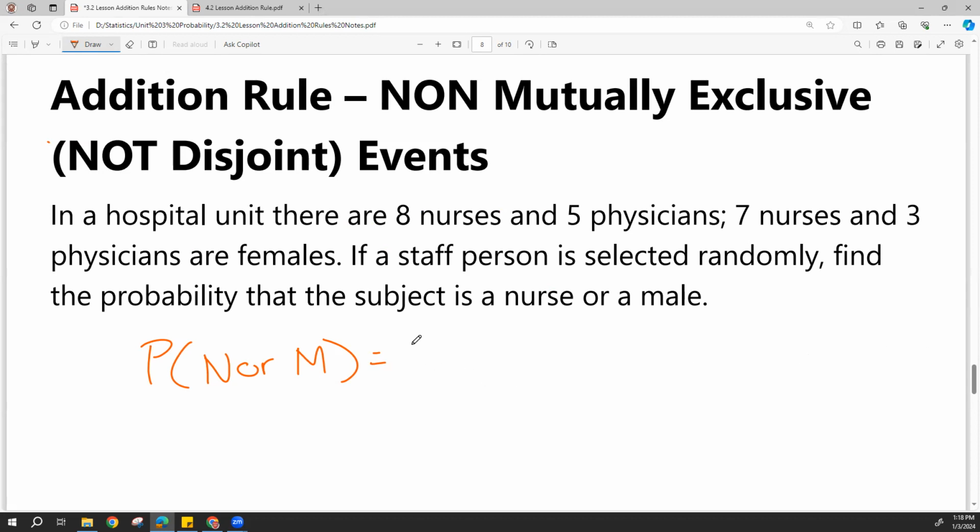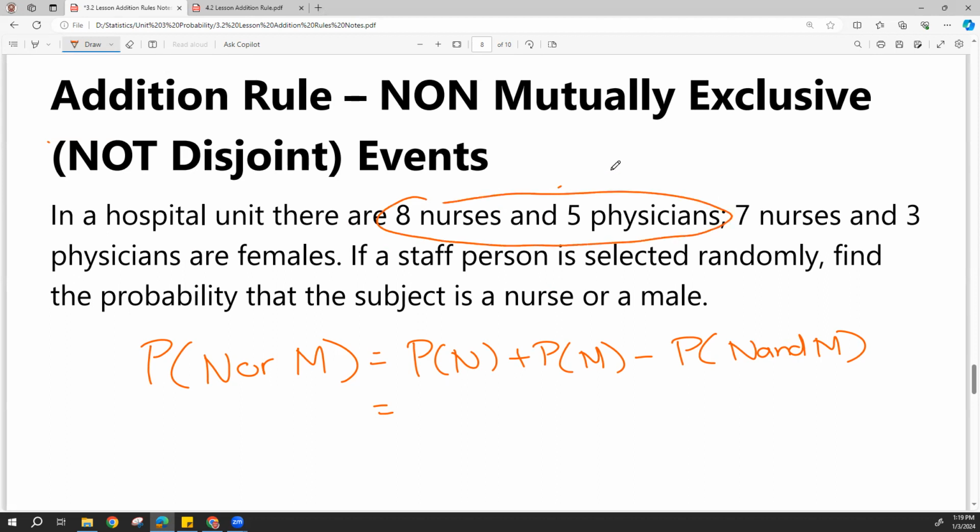And so we can add these 2 probabilities and then subtract away the overlap. So the nurses that are also males. In this hospital unit, there's a total of 13 people. 8 of them are nurses, so my probability is 8 over 13.